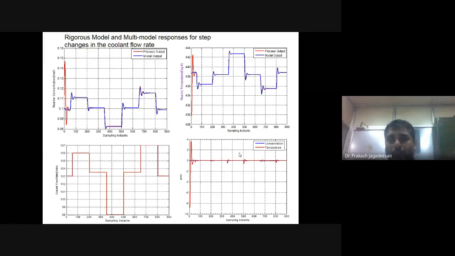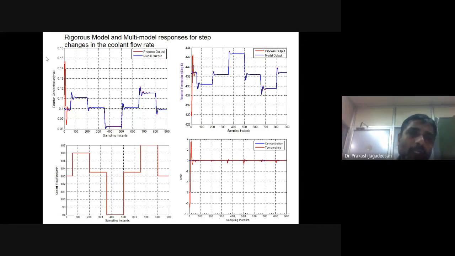And we developed a multiple model. And here, what I've shown is that I've compared that multiple model output with the regress model. That is, the regress model is the actual model that is available. So the red one is the regress model output, and the blue one is the model which we have developed.